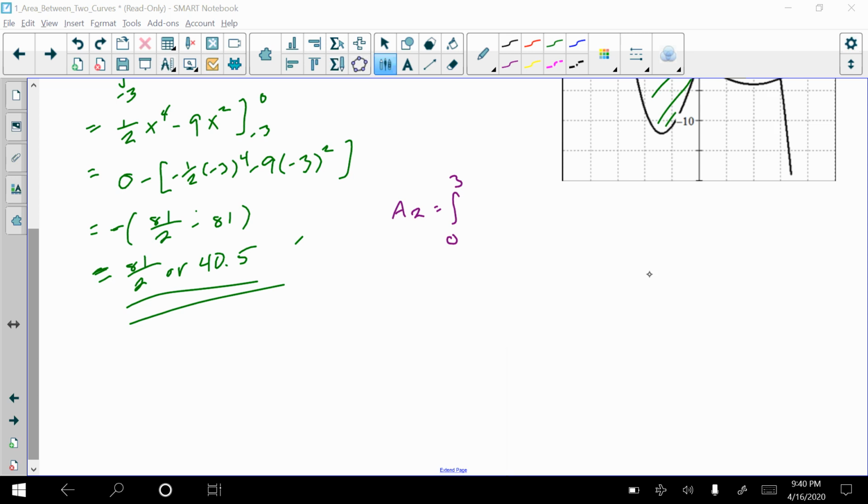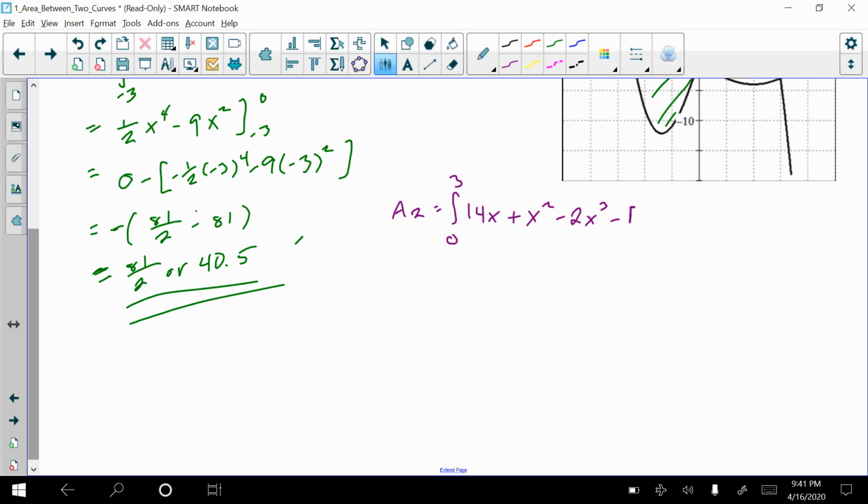So that is going to give me 14x plus x squared minus 2x cubed.